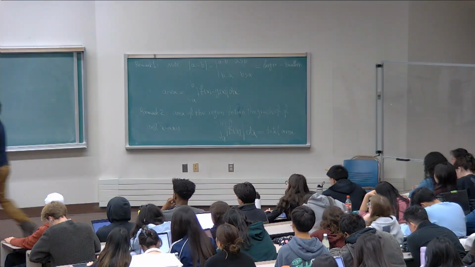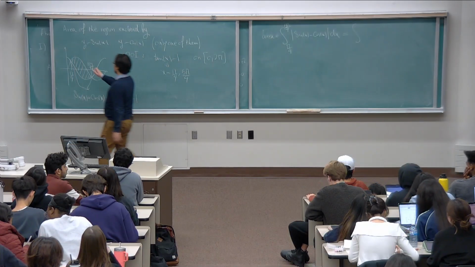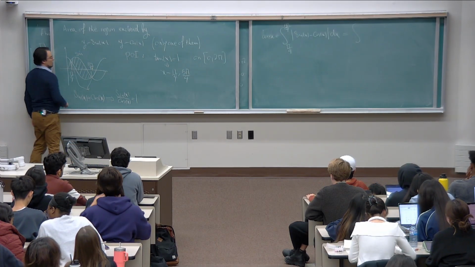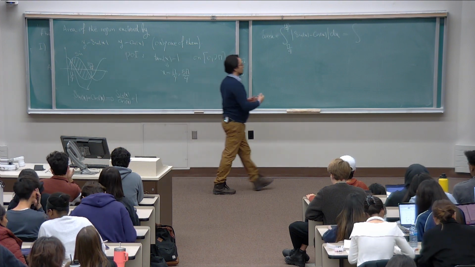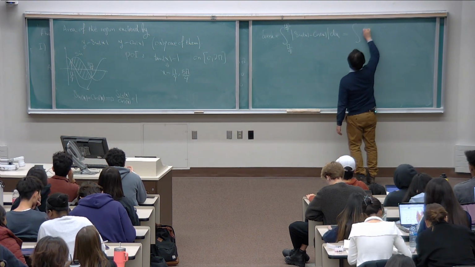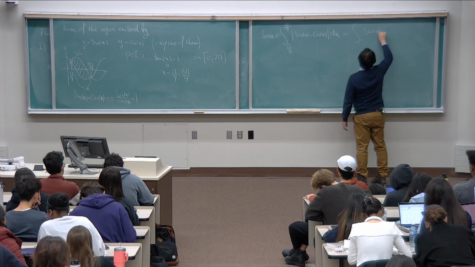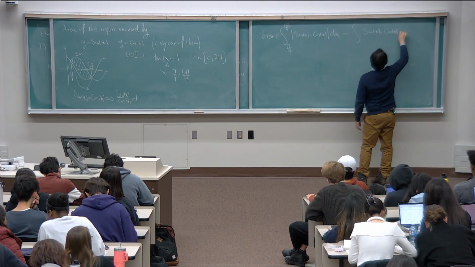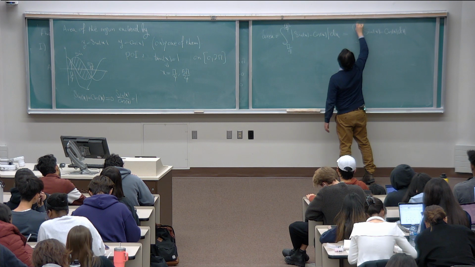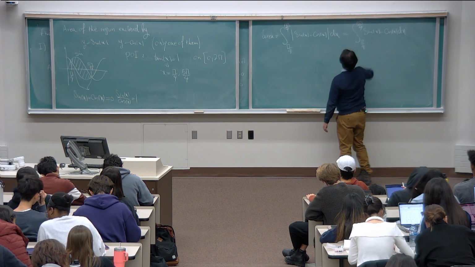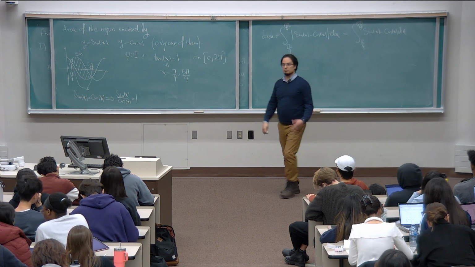In this case, we see that the sine function on that interval is the upper one and cosine is the lower one. So I will get the integral of sine x minus cosine x dx, and I don't need to write down anything more there. Done.